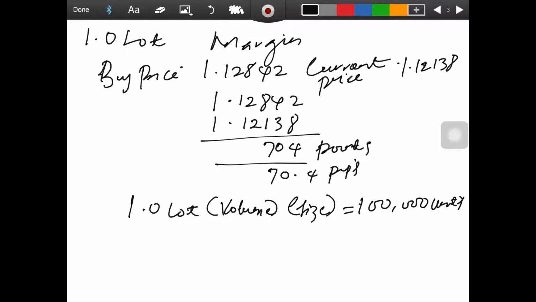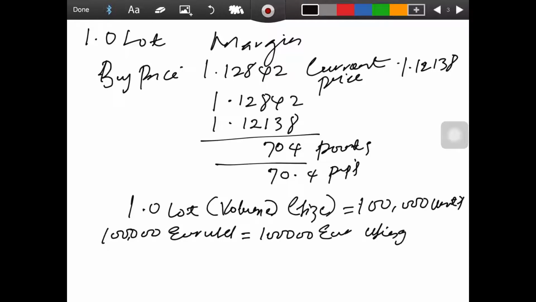So if you're buying 100,000 units of EUR/USD, it simply means you're buying 100,000 euro using the dollar.